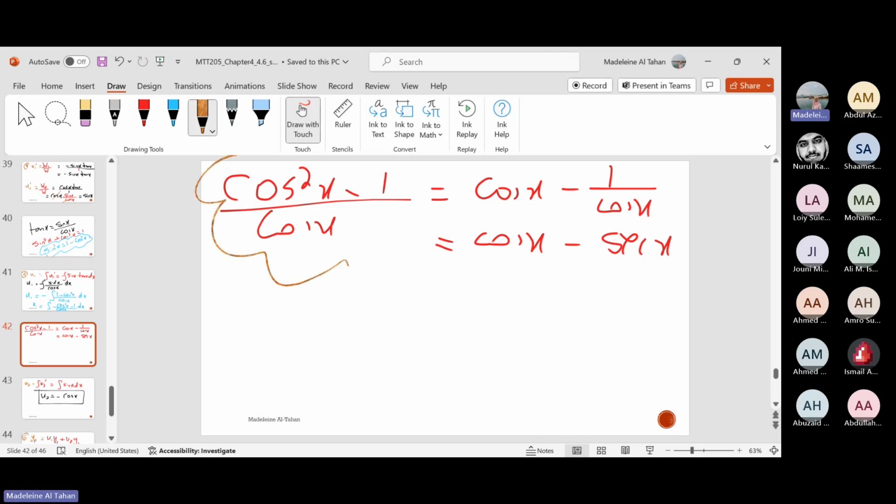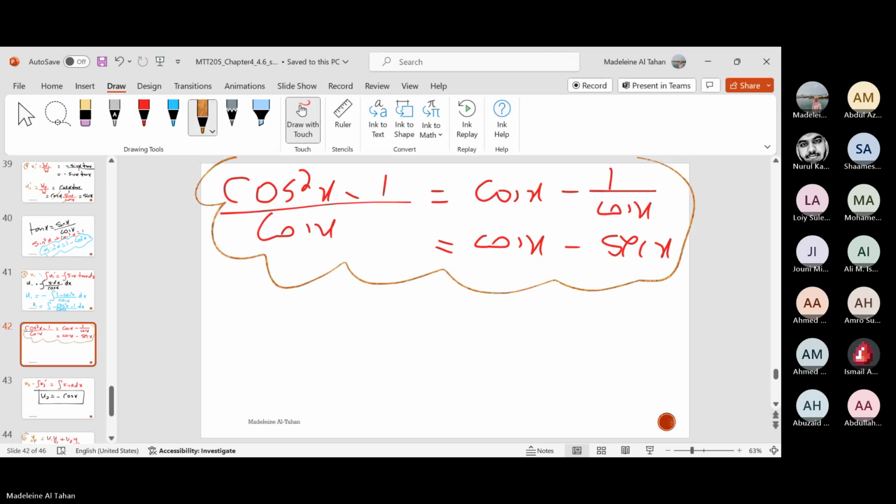Look at it. Can we write it in this way, miss? Yes. So what would we get u1 as? u1 now is the integral of cosine x minus secant x dx.